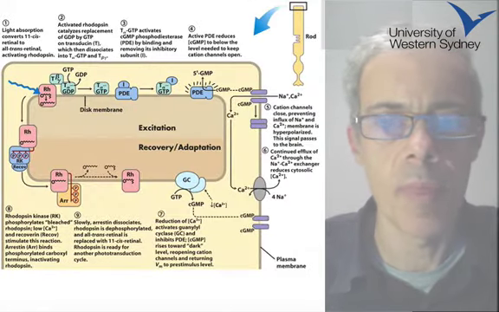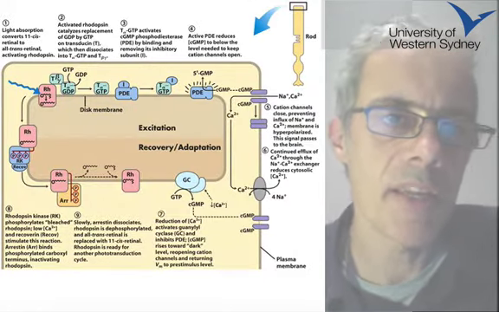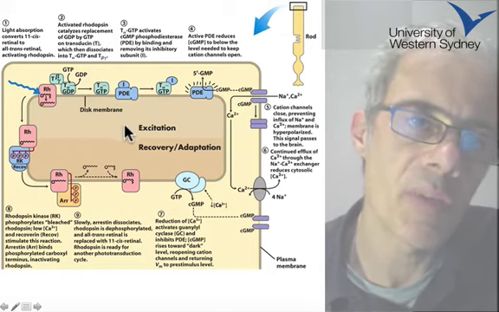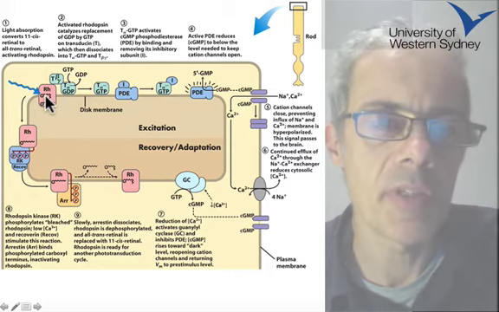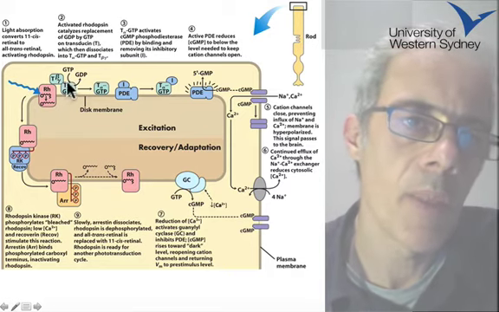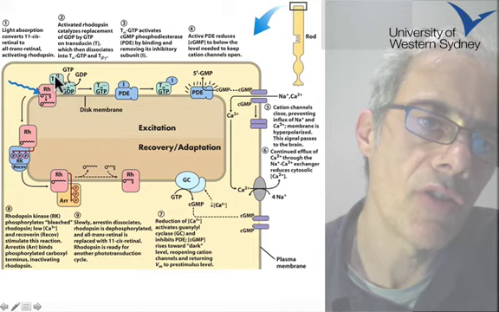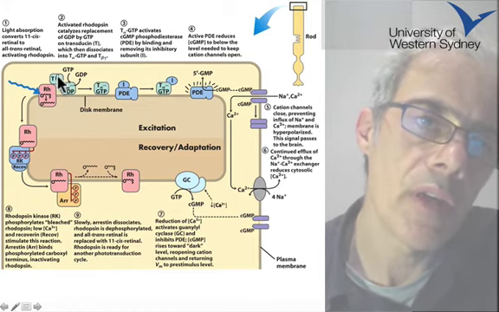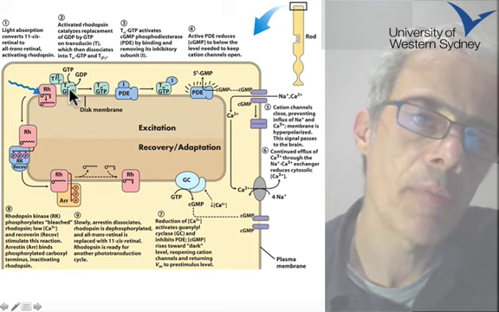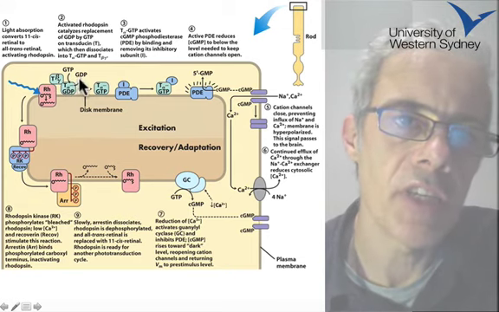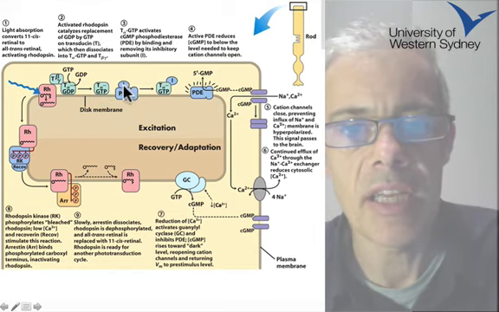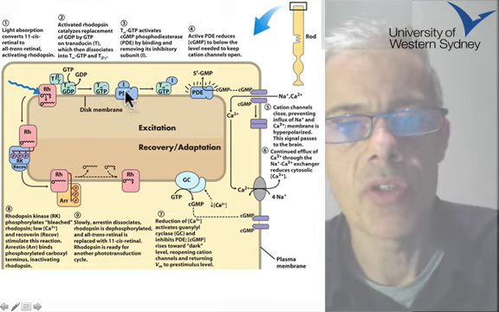There's a nice diagram here from Lehninger, which shows some of these concepts we've been talking about. So the perception of light by rhodopsin, the activation of the transducin alpha subunit of the heterotrimeric G protein, exchange of GDP for GTP, the interaction with the inhibitor, which causes the phosphodiesterase to become active.